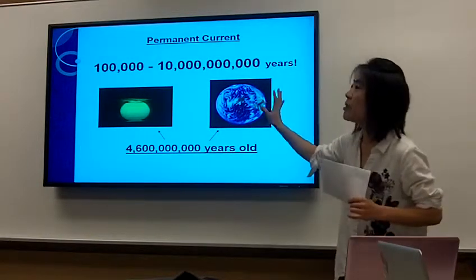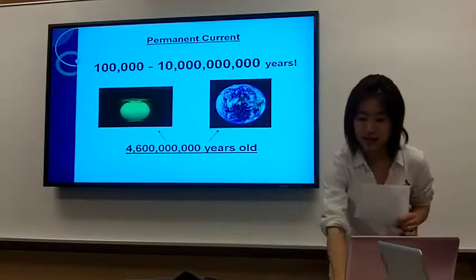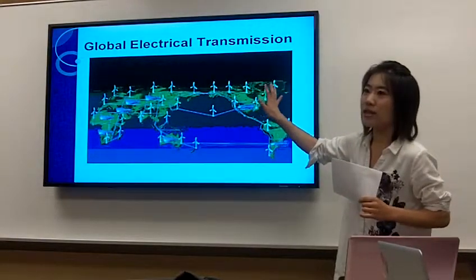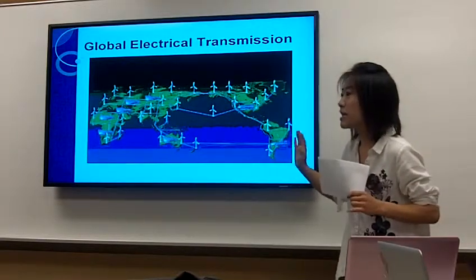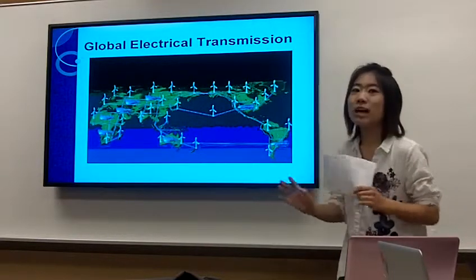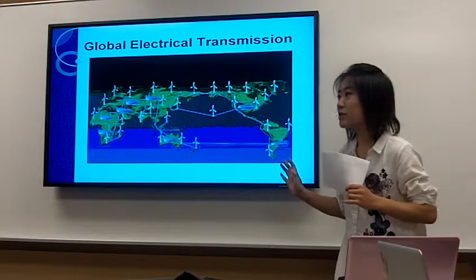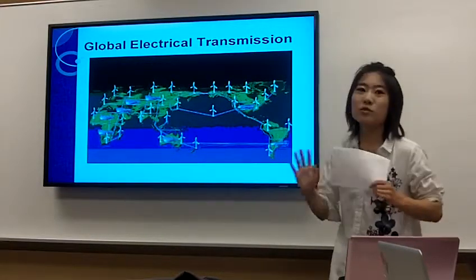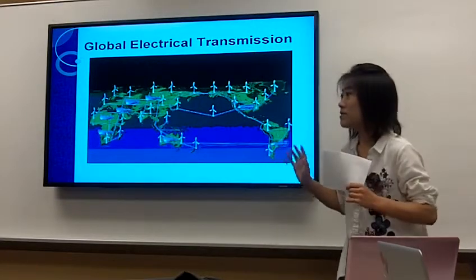So what can we use this technology for? We can use it for global electrical transmission. That means we don't have to build any power plant, so we don't have to worry about any safety problem of nuclear power plants. We don't have to worry about the waste of energy.